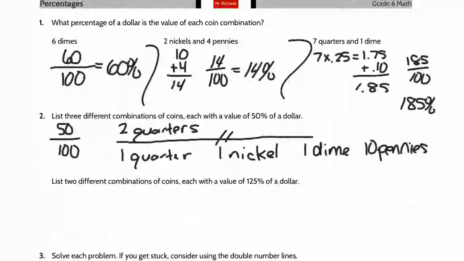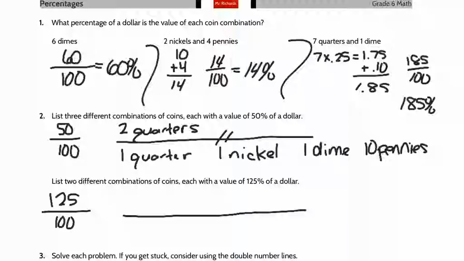What about 2 different combinations of coins, each with a value of 125% of a dollar? Well, for this, we're looking for 125 cents. And if we're looking for 2 different combinations, once again, I could just go with 5 quarters.